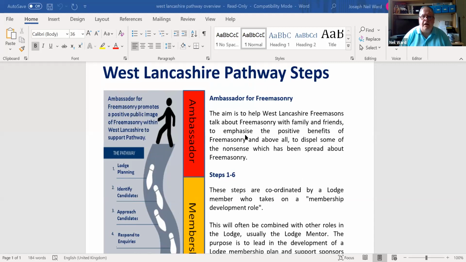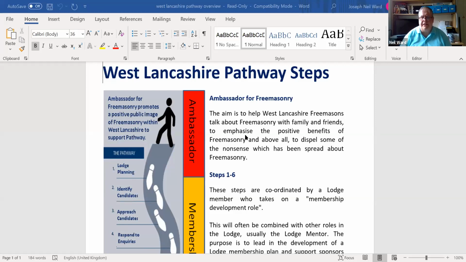So step one is under the ambassador scheme. That usually involves the lodge planning, and this is where I say the lodge are the membership officers. Every member in the lodge is a membership officer, because step one involves lodge planning.